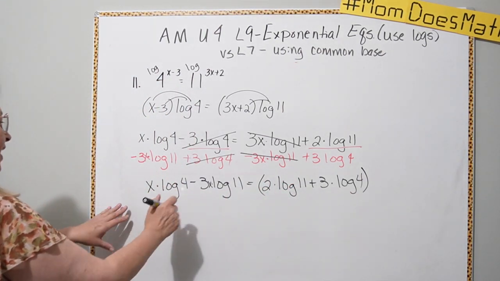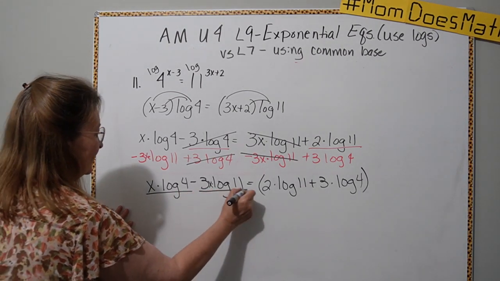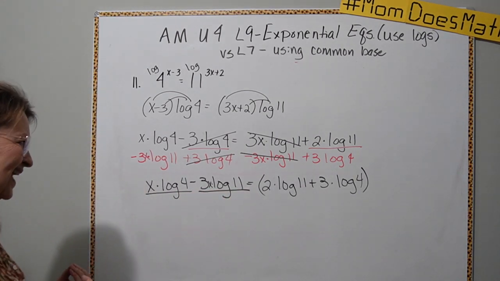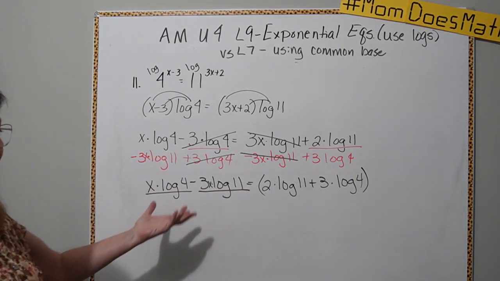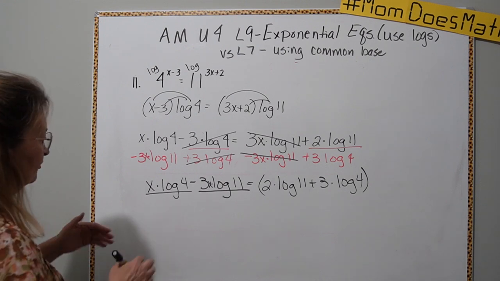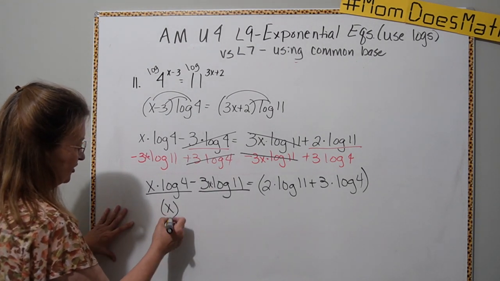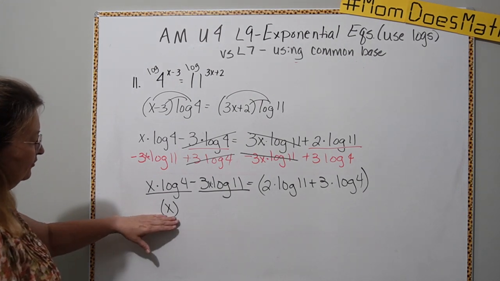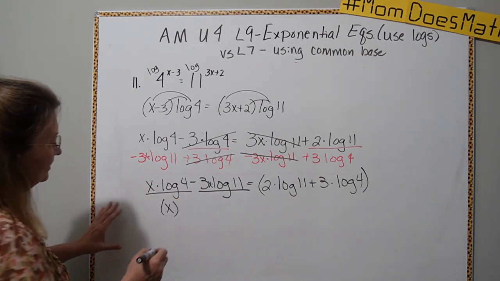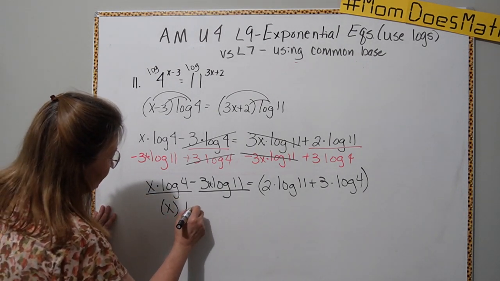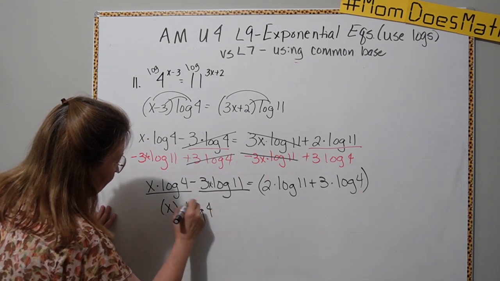Okay, now I have these two terms right here, and I need to get that x out. So I'm going to do that by factoring out a greatest common factor. The greatest common factor between these two terms is just the x. Now what do you have left over? Well, if I divide an x out of this, what I have left over is log 4.